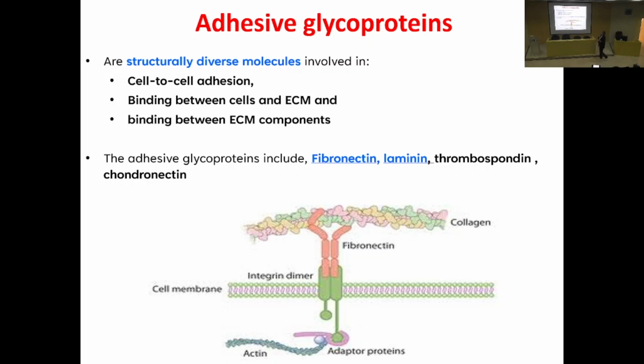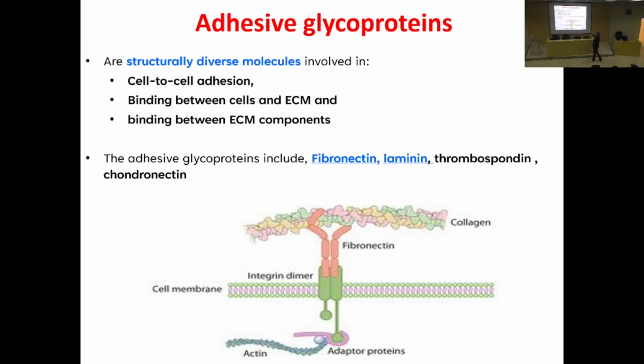So the adhesive glycoproteins are proteins which are very important, as their name suggests. They are important for cell-to-cell adhesion, for cell to extracellular matrix adhesion, or even for adhesion of the different extracellular matrix components. Okay? All right.